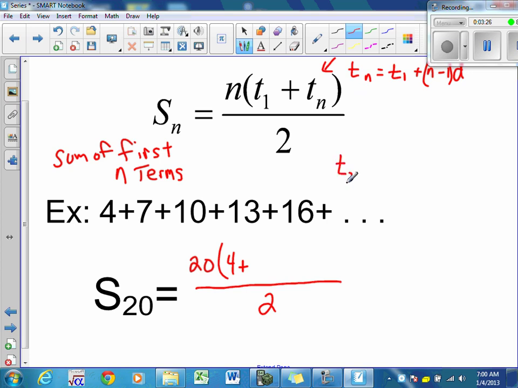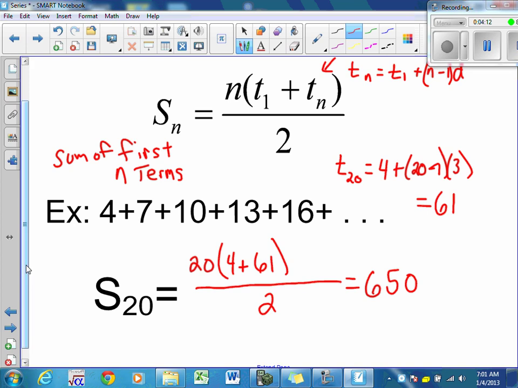So my 20th term is 4 plus 20 minus 1 times 3, which is 4 plus 19 times 3, and I get 61. So I put a 61 here. So I have 20 times 4 plus 61, divide by 2, and my answer is 650.